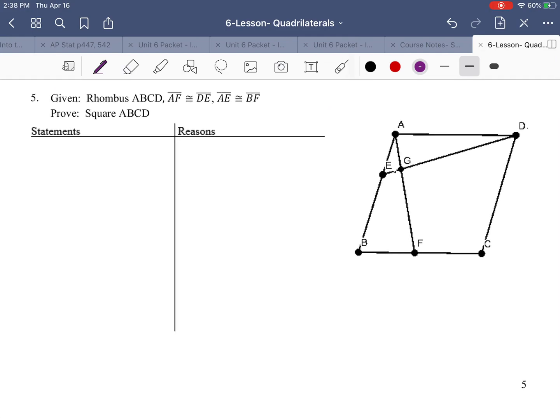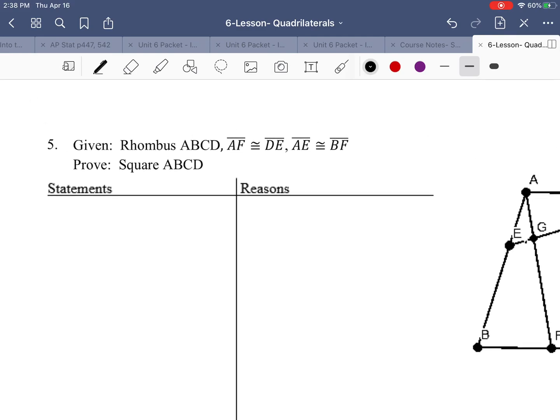Number 5, rhombus ABCD. So I'm going to jot that down.